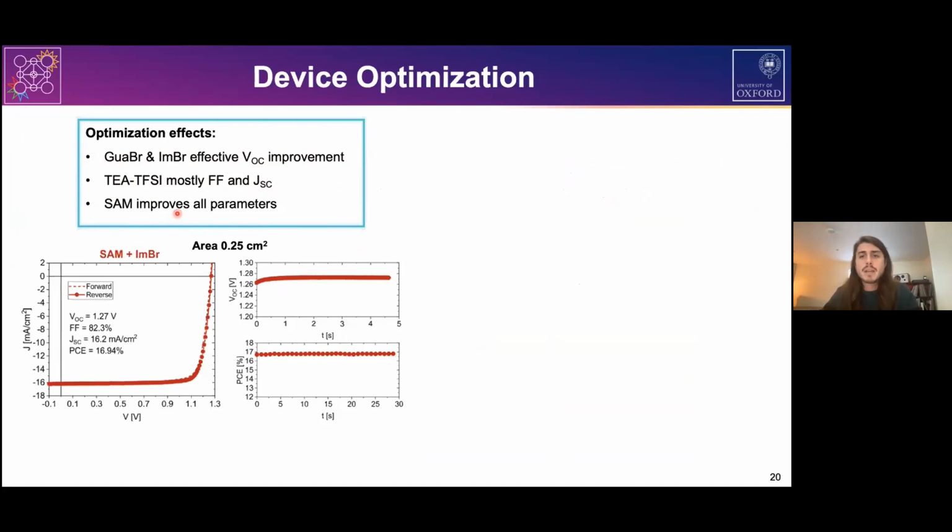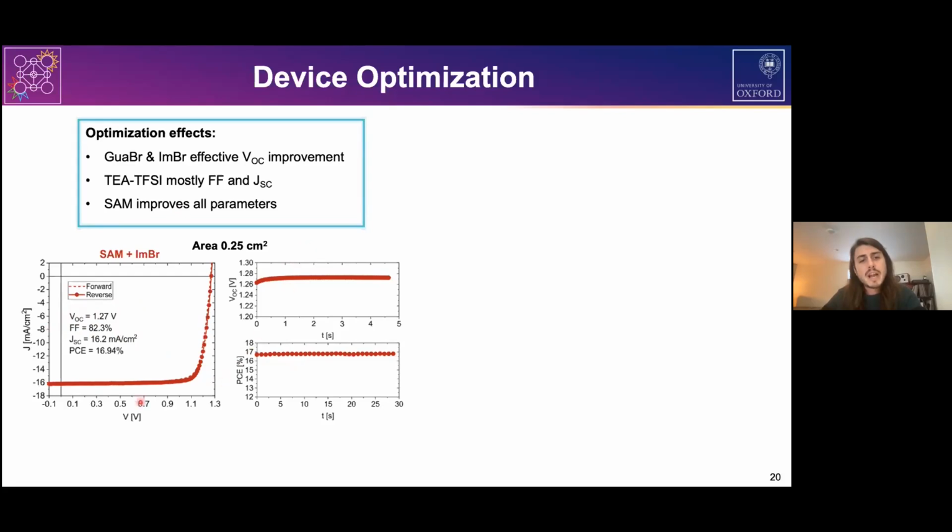And when we combine our best HTL improvement with the best ETL improvement, essentially we can get record devices where we have a stabilized PCE of like 17% and a fill factor above 82% and very high open circuit voltages.